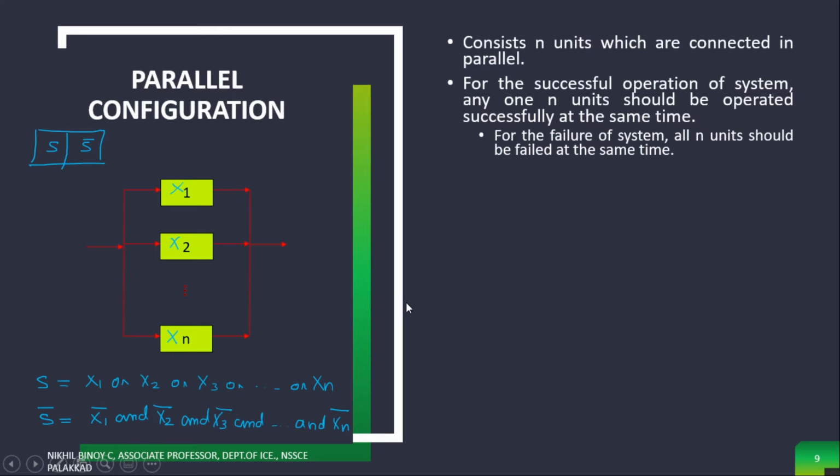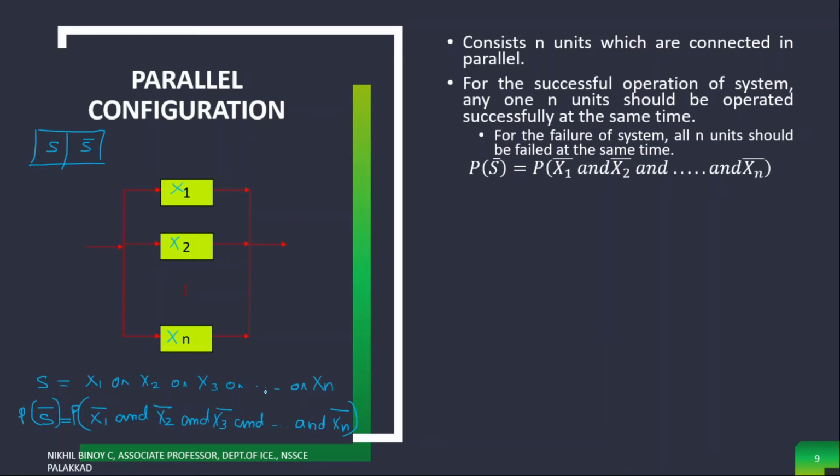So what can we write? First we can consider the failure of the system. We can write P of S bar, the probability of failure of the system. P of S bar is equal to the probability of simultaneous failure of all n components.